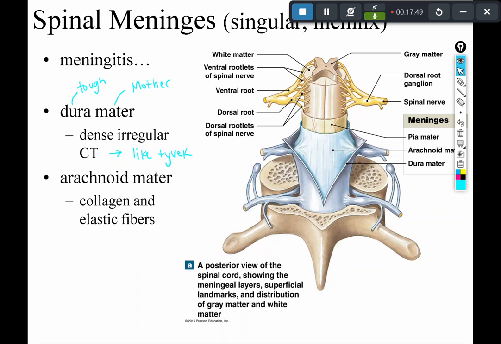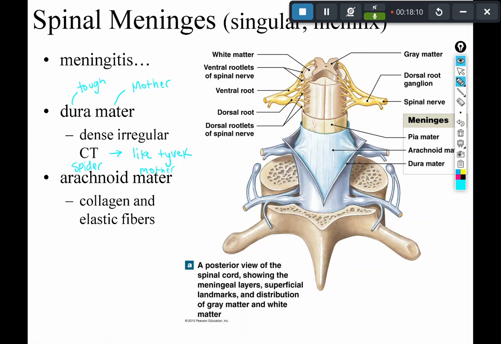So the arachnoid mater is the spider mother. This is a mixture of collagen and elastic fibers in a thin arrangement. So it's not as tough as the dura mater, but it's also not itself insubstantial.